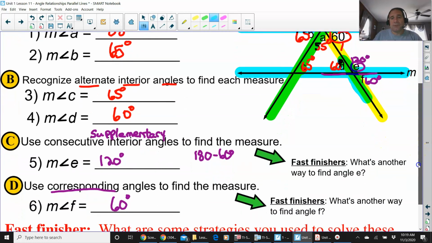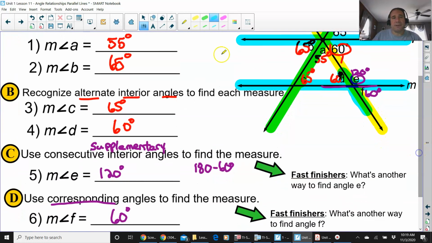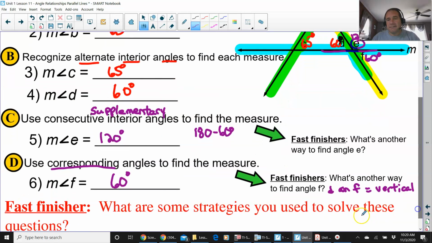All right, so I'm going to put all that down, especially for F, because there's three different ways. Angle D and F are vertical. F and 60 are corresponding.